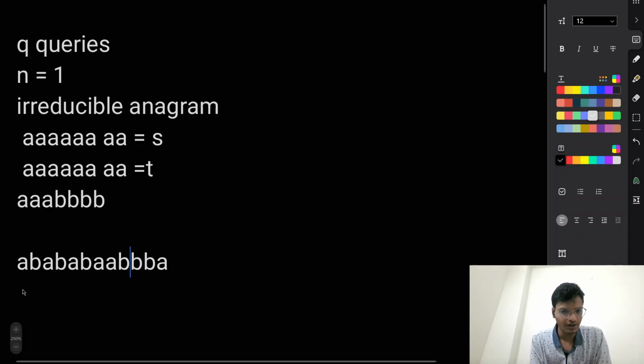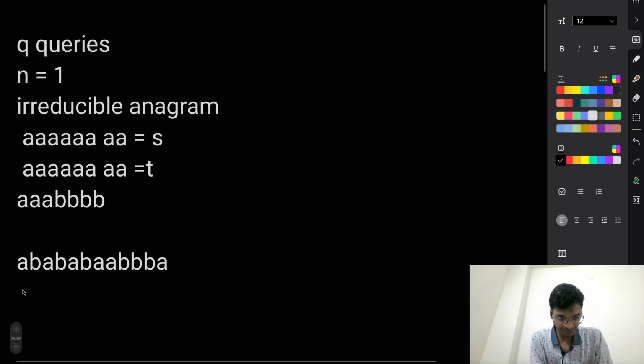Our main goal is not to do k equal to n or multiple partitions. That is not our main goal. Our main goal is to partition in such a way that it contains only a prefix, and to prove that only the prefix part is an irreducible anagram so far.